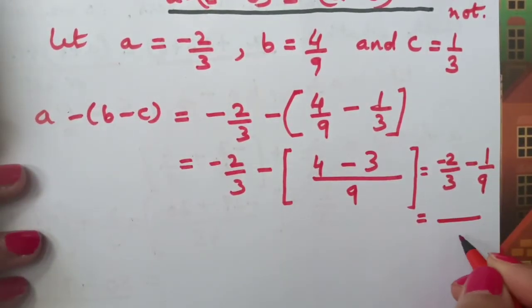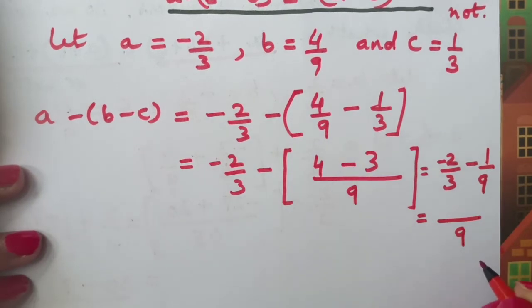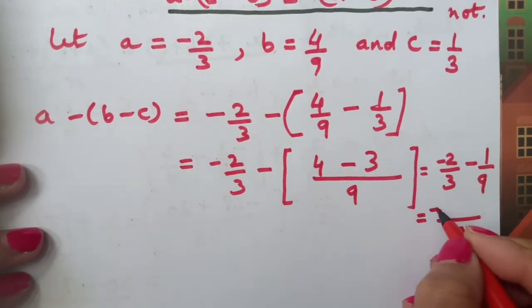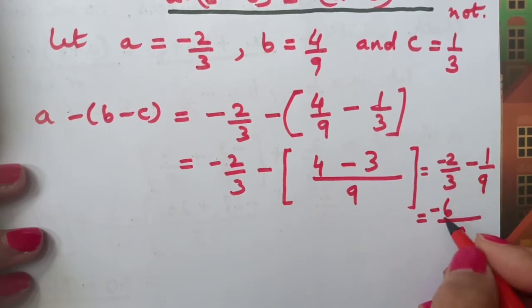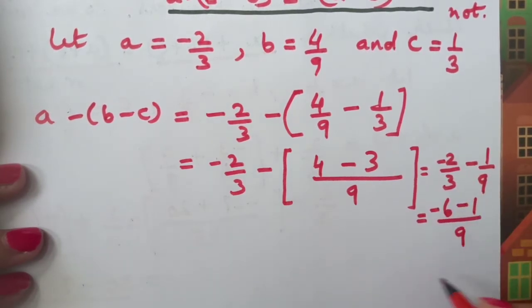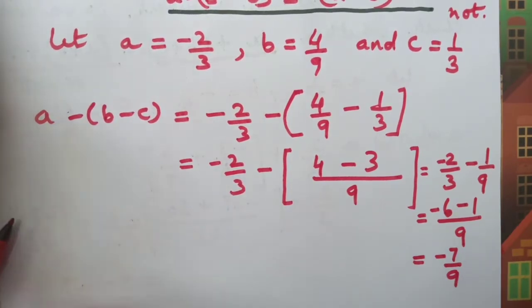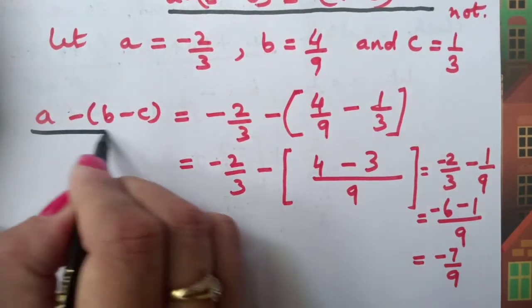Again we will take the LCM. It will be 9. 3 3s are 9. 3 2s are 6. -6 -1. -7/9. That is the solution of a minus (b minus c).